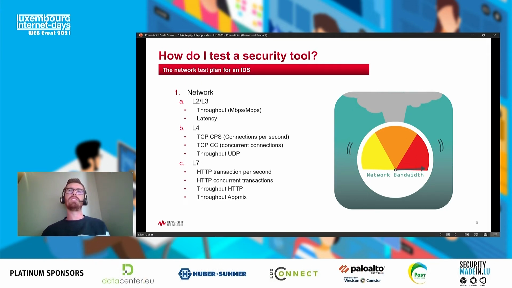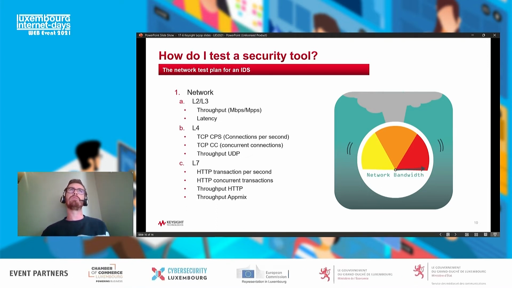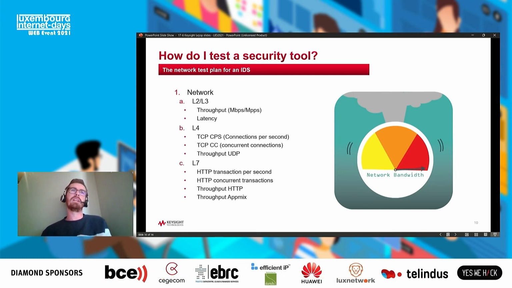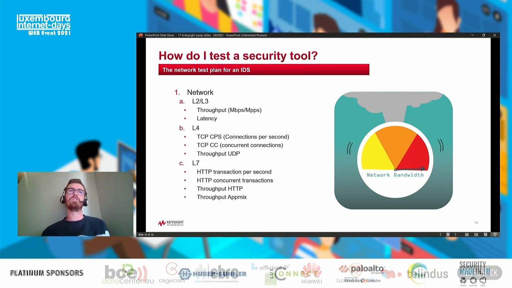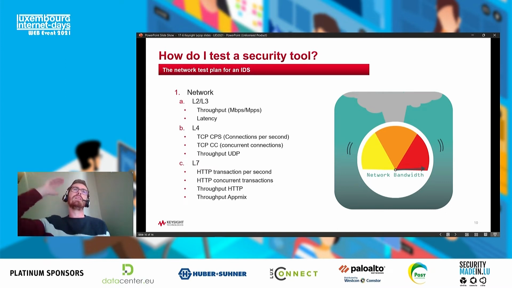So the memory is not unlimited, as you know, and each new connection per second will have a CPU impact as well. So the CPU is not unlimited, and TCP floods and all the kinds of floods you have are actually made to break the CPU or the memory of the security solution. So that's why we need to know how far it can go.